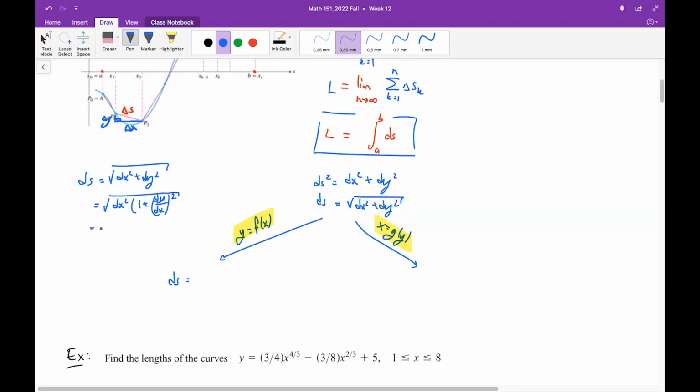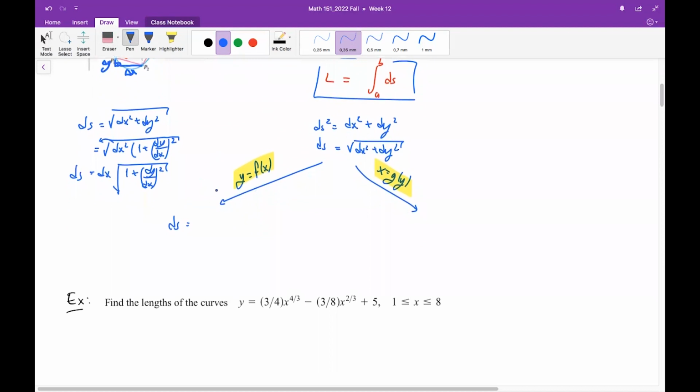And then dx squared can go out from the square root as just dx. That's why you now have inside your square root an expression like this, 1 plus dy over dx squared. So this is what ds is if your function is given as a function of x. If the curve is a continuous function f of x, then instead of ds, you can write this. Okay, so let me write this down.